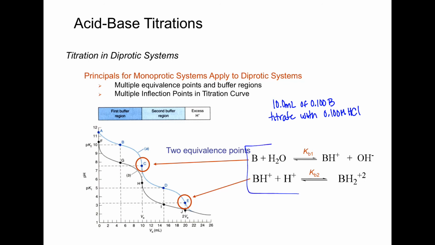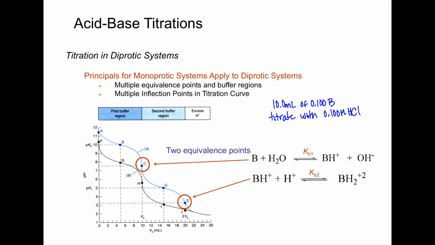These are the two equilibrium expressions, and so that's why we have two equivalence points. The first one is the base getting a hydrogen from water to make the intermediate form. And then the second equivalence point is the intermediate form getting a hydrogen to form the totally protonated form.